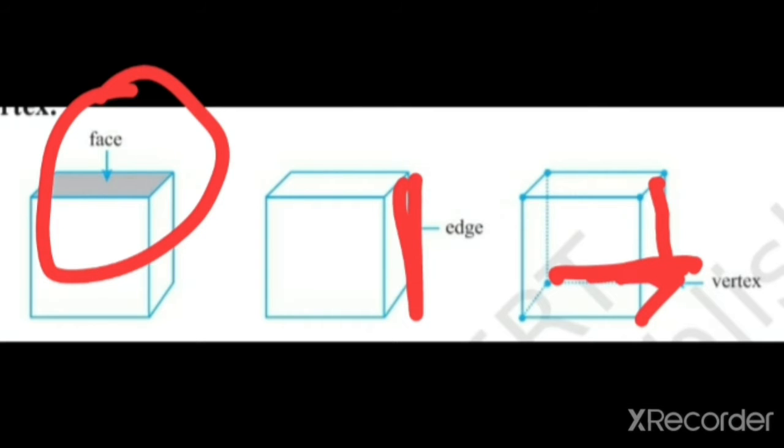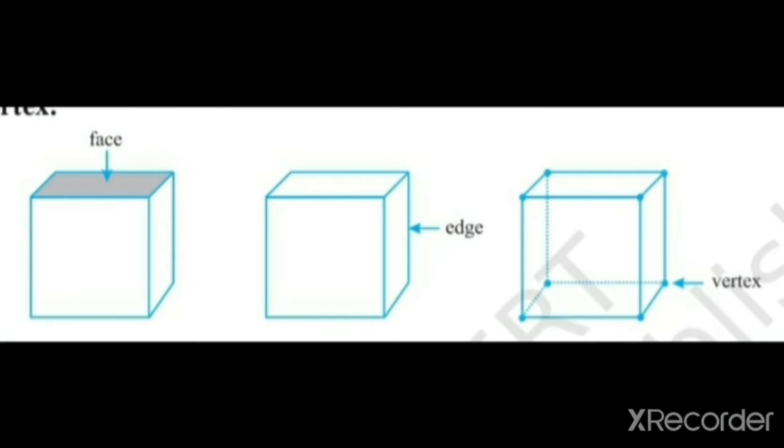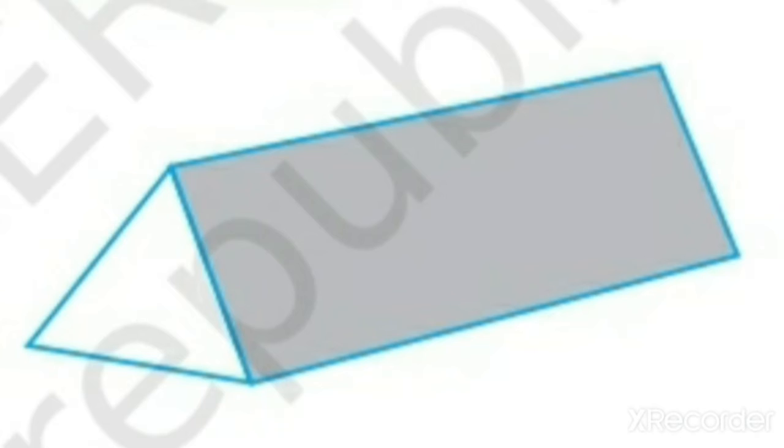Now let's learn about more 3D shapes. Which shape is this? Here is a diagram of a prism. One of its faces is a triangle, so it's called a triangular prism.